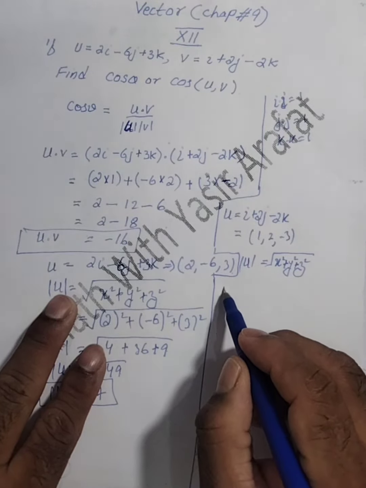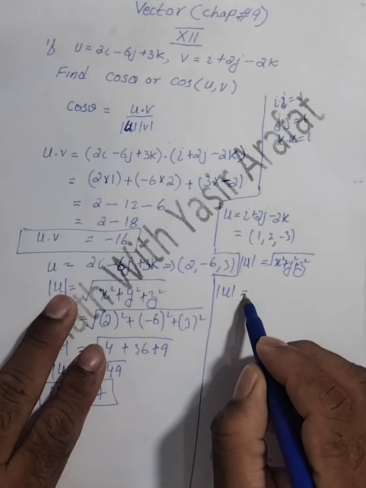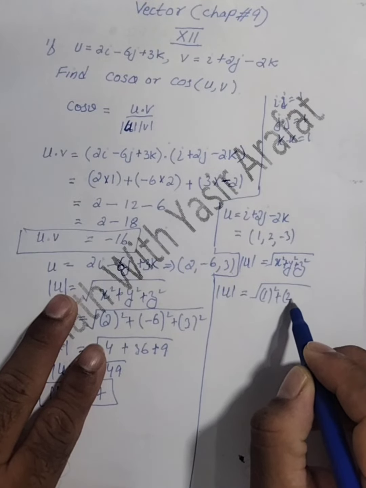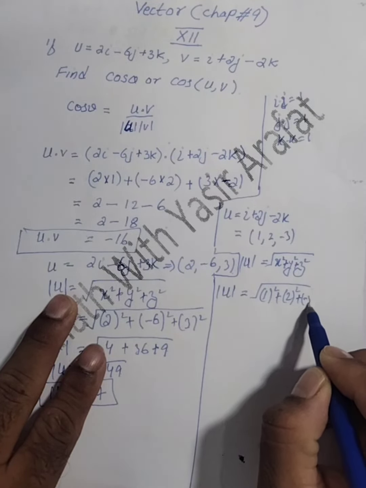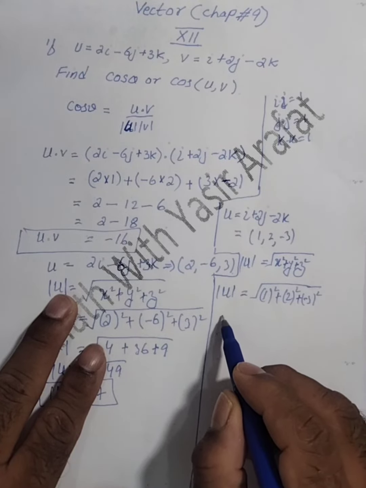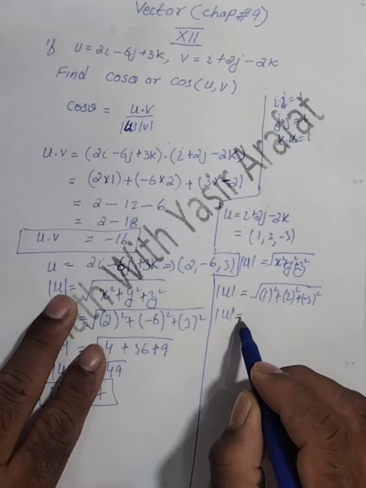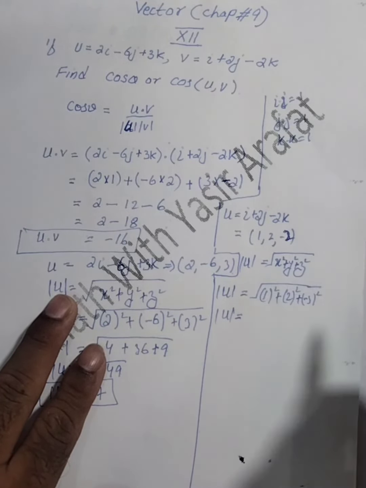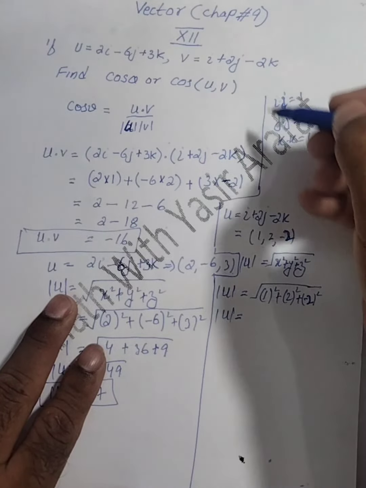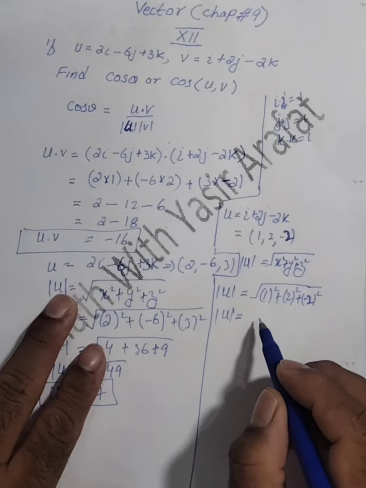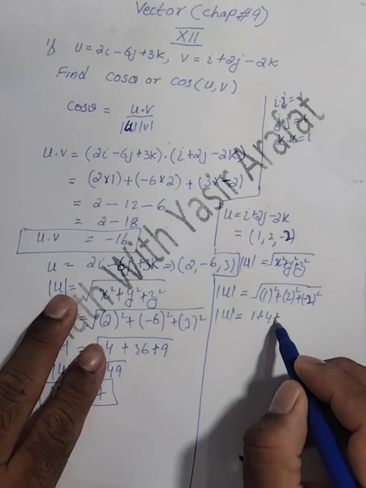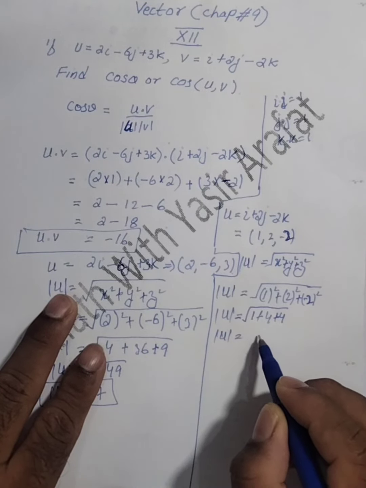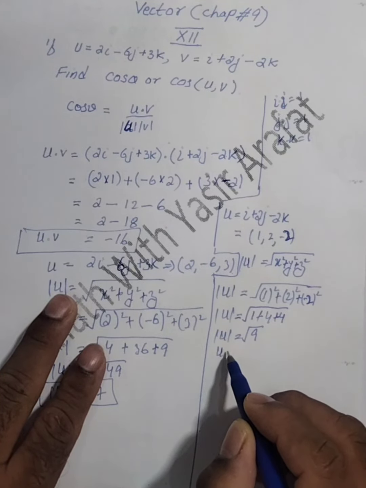So this is 1 square, 2 square and minus 2 square. Sorry, this is not 3, this is 2. So here this is 1 plus 4 plus 4 in the radical. So this is 9 and the radical of 9 is 3.